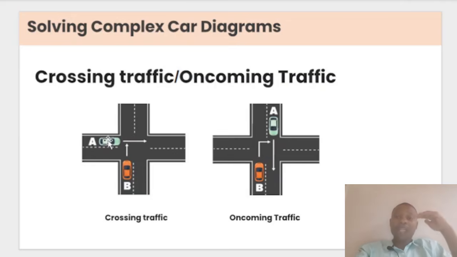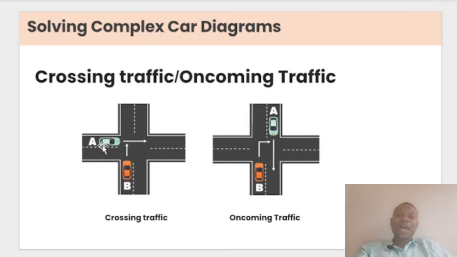So here I just want to explain the difference. We just described two road rules there. Road rule 2: do not turn right in front of oncoming traffic. Road rule 1 says give the right of way to traffic approaching from your right. You can see that we use road rule 1 here, and road rule 2 here.